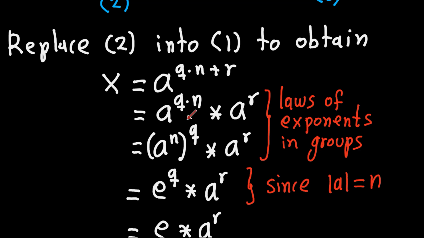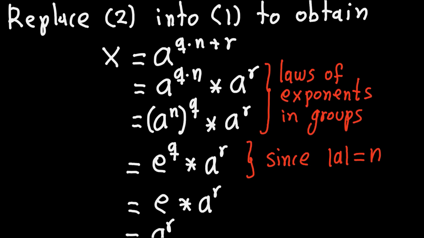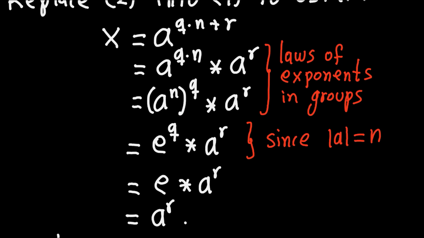Now, the reason we organize it like that is because we know that a to the n is the identity, because we are assuming that the order of a is n. So a to the n here is the identity, so it's replaced here. I say here because the order of a is n, and the identity to an integer power gives you the identity.